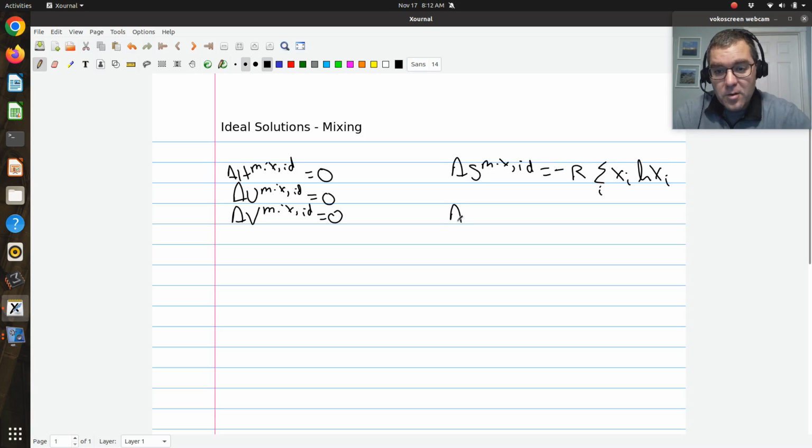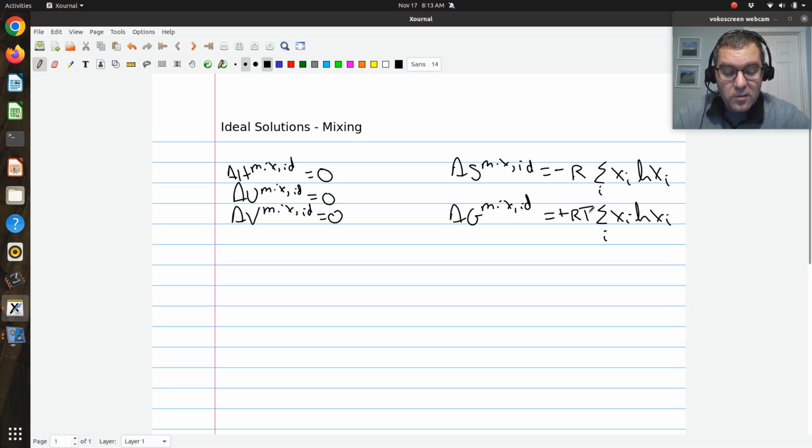Now, in terms of delta G of mixing of my ideal solution, again, what's key is remembering sum over i of x_i log x_i. Again, x_i is always going to be less than 1, and log x_i is going to be negative. So I'm going to need a positive sign here. Delta G of mixing for an ideal gas or ideal solution is going to be less than 0, so I need a positive sign here so that this is negative, and then this is an RT.